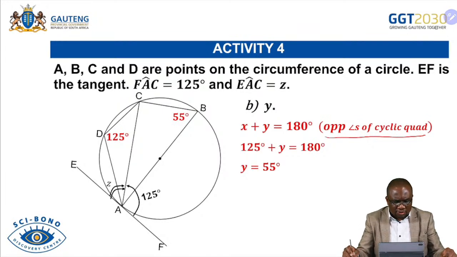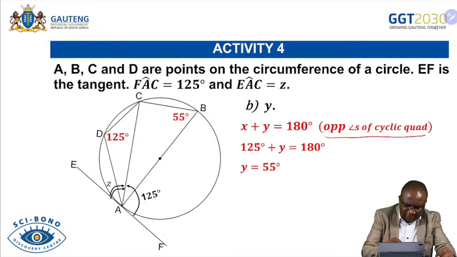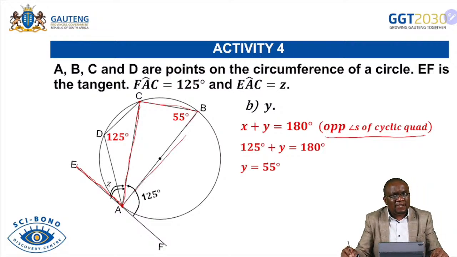Okay, so now we have this angle here, the tangent, and this one here, the chord, it subtends this angle 55 there.